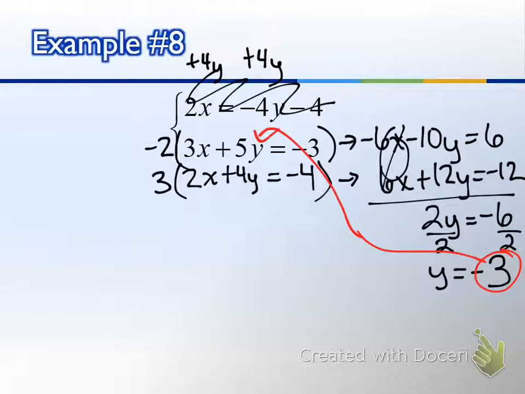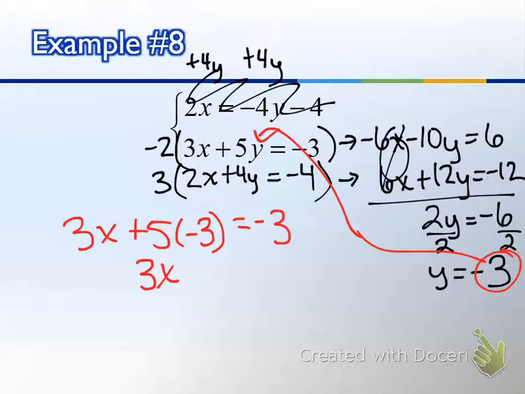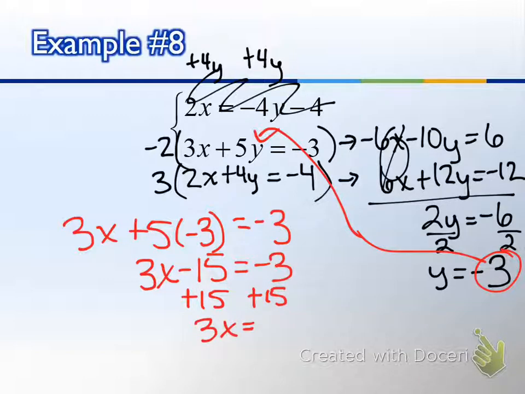So that means I've got 3x plus 5 times -3 equals -3. 5 times -3 is -15. How do I get x alone? Add 15. That gives me 3x equals 12. Divide by 3, what does x equal? x equals 4. So my ordered pair? 4, comma, -3.